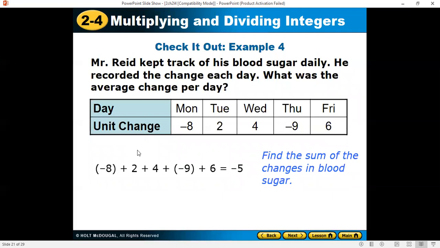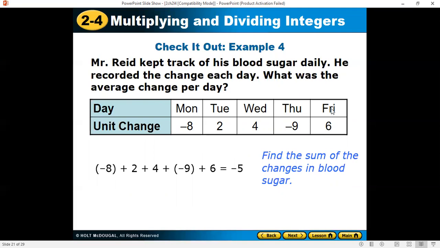We will add all of them together, and we studied before how to add negative and positive numbers. We can distribute them into two different groups. Then you can say 2 plus 4 equals 6, and 6 plus 6 equals 12. And then you can add negative 8 plus negative 9, which equals negative 17. Then 12 plus negative 17 equals negative 5. We are looking for the average per day.